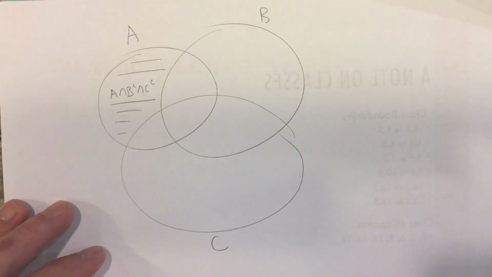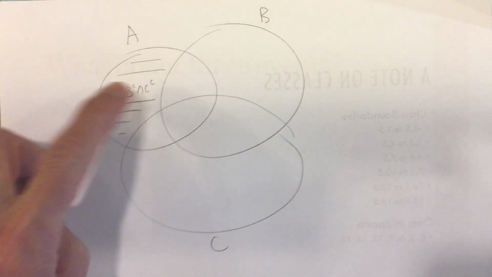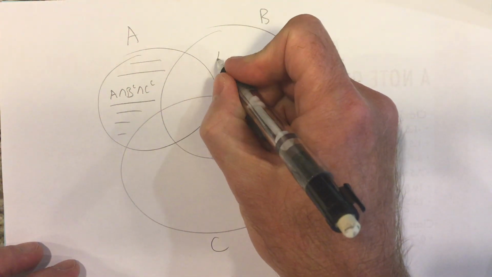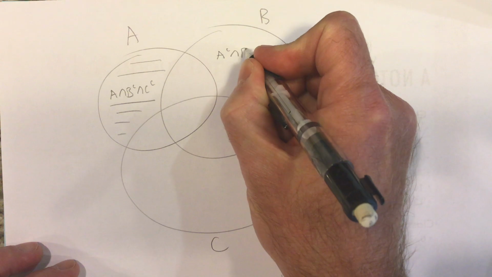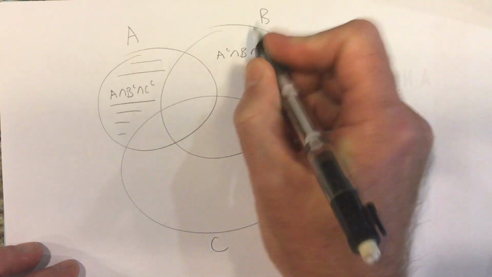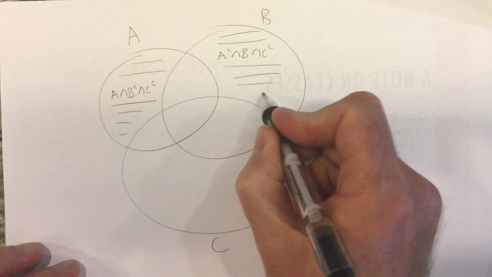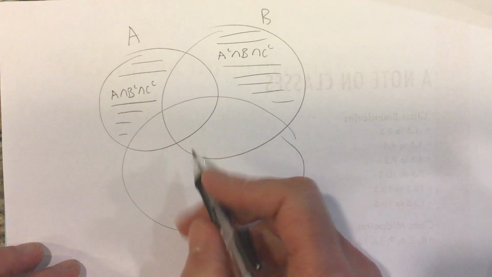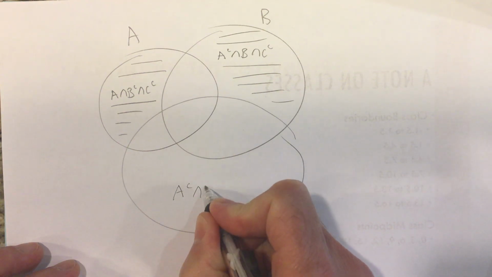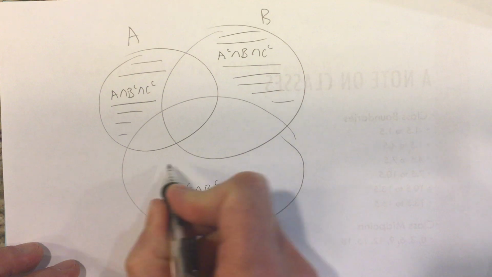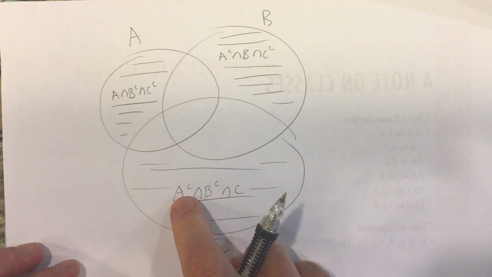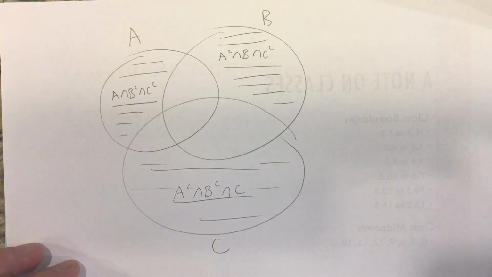Okay, that would be this section here. I'm inside of A, but I'm outside of B and C. Okay. Over here, okay, I'm outside of A, I'm inside of B, and I'm outside of C. Okay, down here, okay, outside of A, outside of B, and inside of C. Okay.